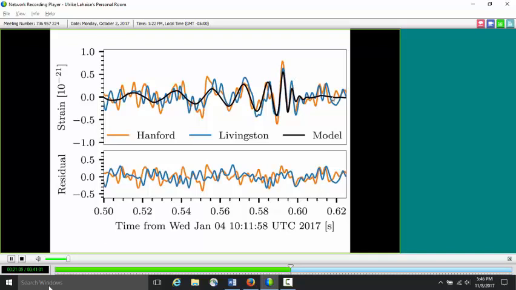In other words, they vary those parameters until they get a curve that most looks like the signal they got. That way they can get a theoretical idea of what system emitted this. This is the leftover noise. This is just thermal noise in the detector that has nothing to do with gravitational waves.